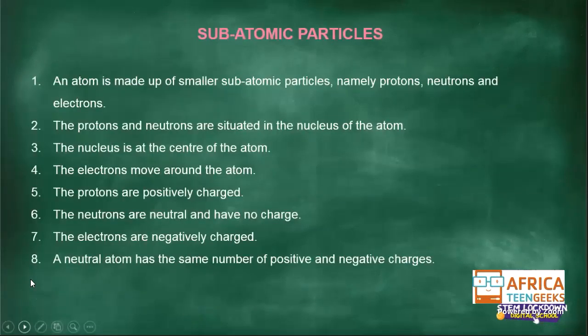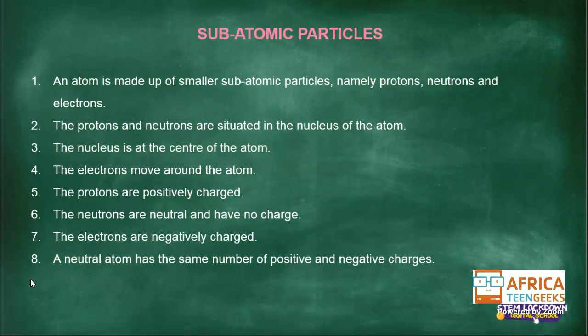So today's lesson, I'm going to recap on subatomic particles of what we discussed in our previous lessons. So we know that an atom is made up of subatomic particles, and these particles are protons, neutrons, and electrons. Now, the protons and the neutrons are situated inside the nucleus of an atom, and I'll show you the picture of it in the next slide.